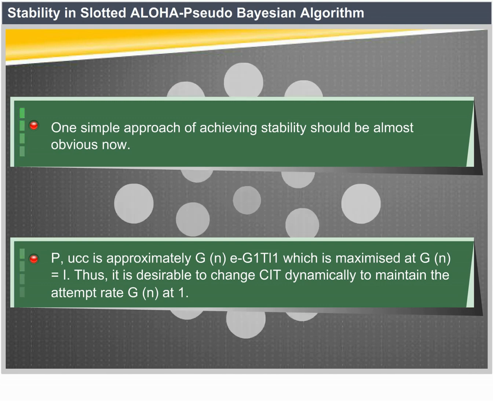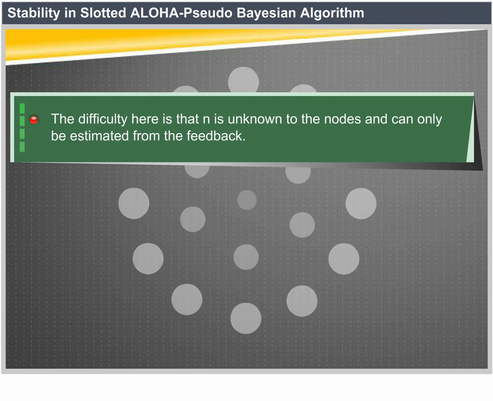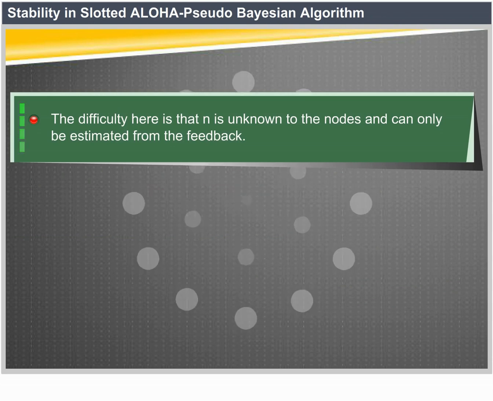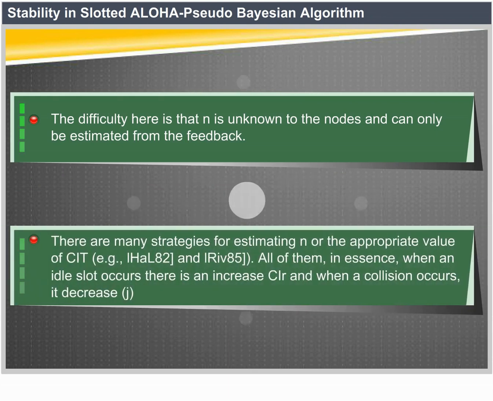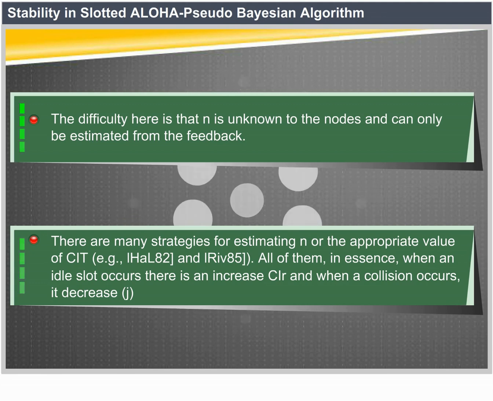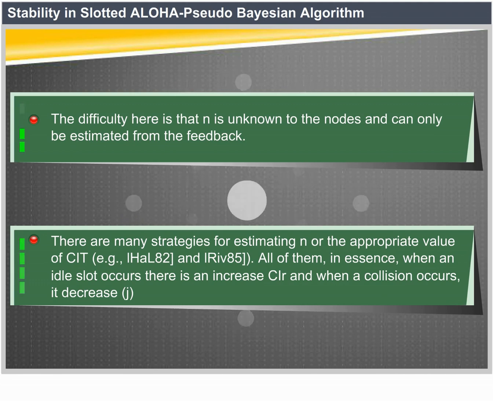The difficulty here is that n is unknown to the nodes and can only be estimated from the feedback. There are many strategies for estimating n or the appropriate value of q_r, for example [HAL82] and [RIV85]. All of them in essence increase q_r when an idle slot occurs and decrease q_r when a collision occurs.